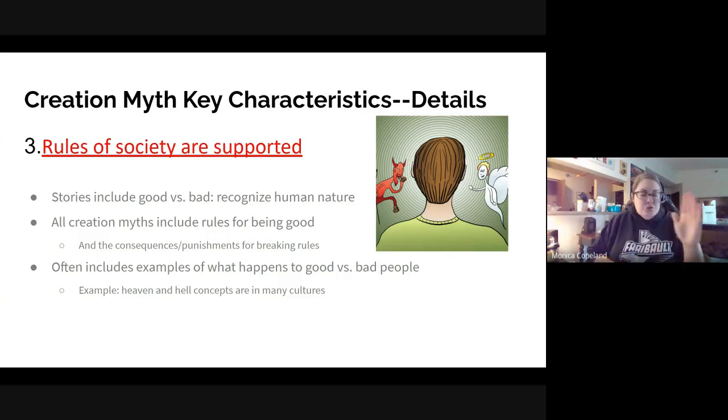All creation myths include rules for how to be good and what the consequences are if you break the rules. So for example, in the Christian myth, if you're bad, you go to hell. If you're good, you get your reward in heaven. And one consistency you'll see across creation myths around the world is this idea of reward versus punishment.